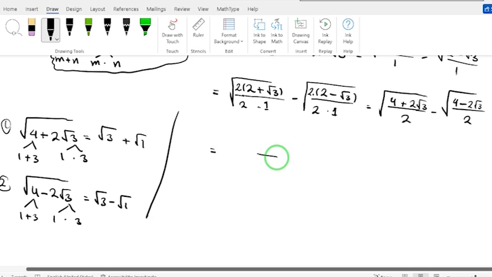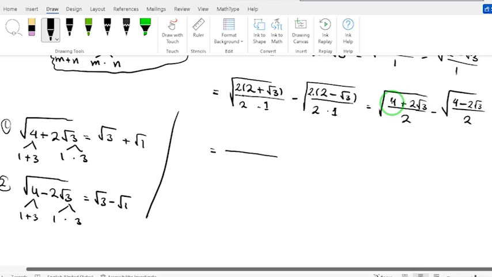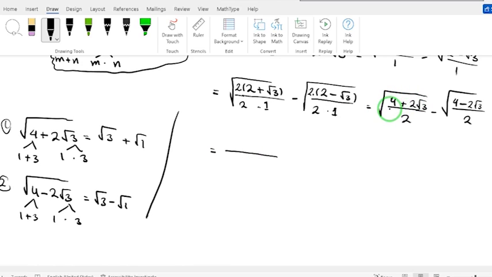So now we write, here we take the square root of the numerator and denominator separately, and we can write square root of 4 plus 2 square root of 3 over square root of 2, minus, the second part also, we take the square root of numerator and denominator separately, square root of 4 minus 2 square root of 3 over square root of 2.